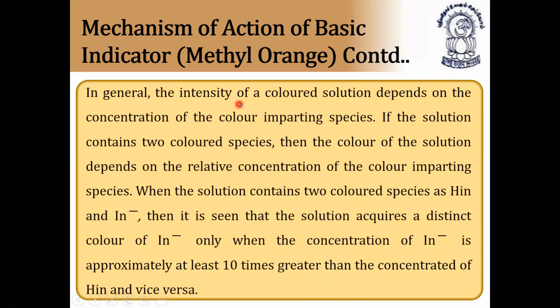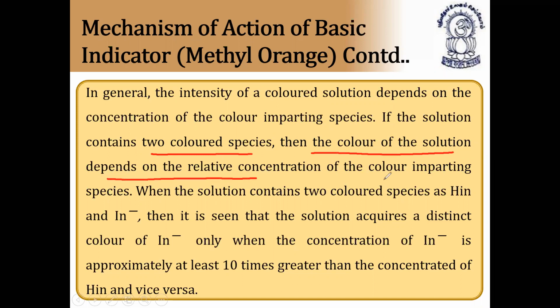In general, the intensity of a colored solution depends upon the concentration of the color-imparting species. If the solution contains two colored species, then the color of the solution depends on their relative concentration.